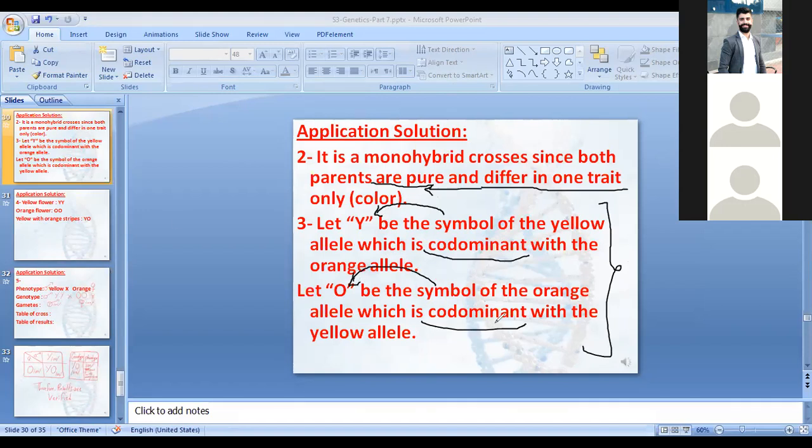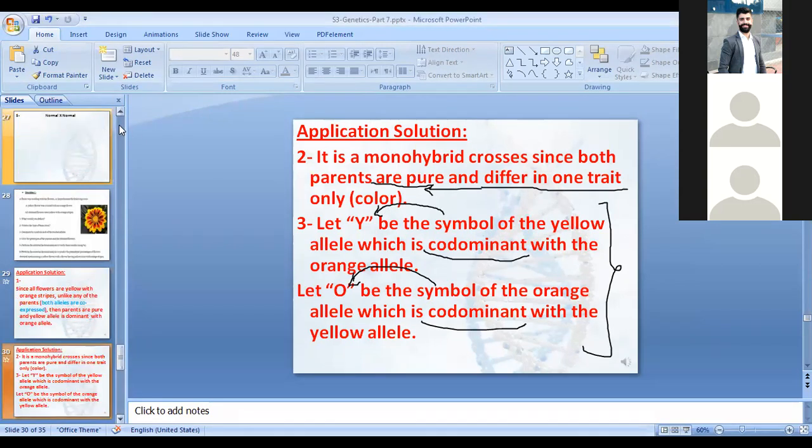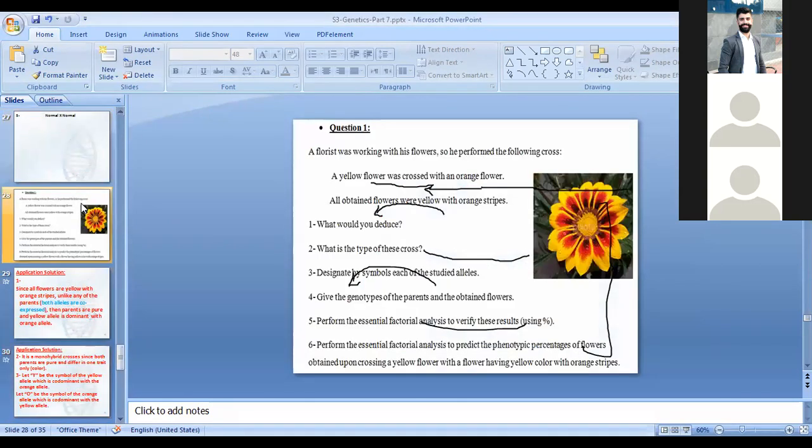Okay, let's move now to part number 4. What did they ask in part number 4? They asked for the genotypes of the parents and the obtained flowers. The parents are pure, and we gave symbol Y for the yellow and O for the orange.